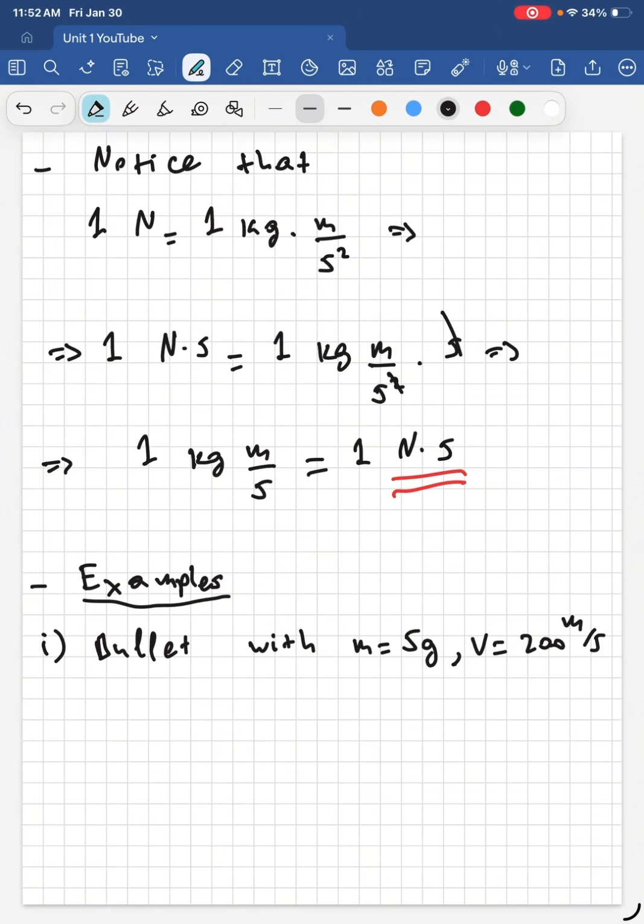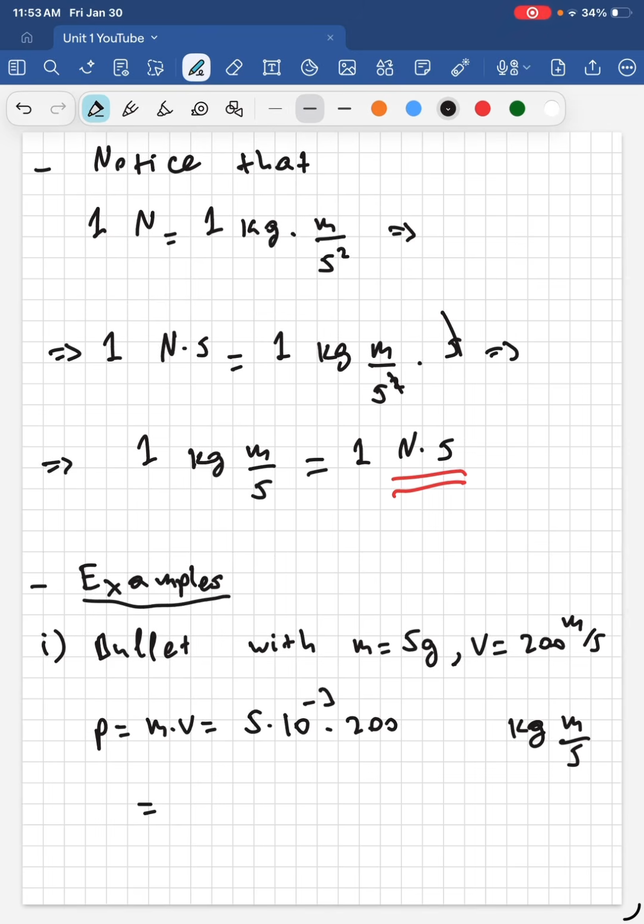So if you have a bullet with a weight of 5 grams that moves with velocity 200 meters per second, then its momentum is simply P equals mv. So 5, don't forget to convert grams to kilograms, so 5 times 10 to the negative 3 kilograms, times 200.